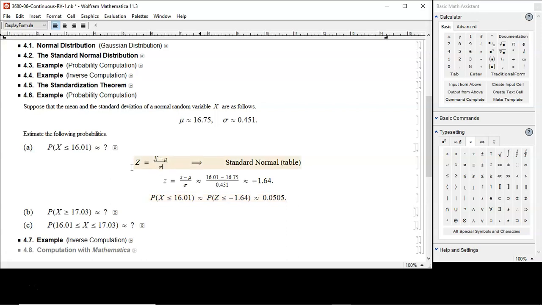Here, I'm using random variables, so I use capital Z and capital X. Here, I'm looking at the real number, 16.01, for my x value, so I use small font there.